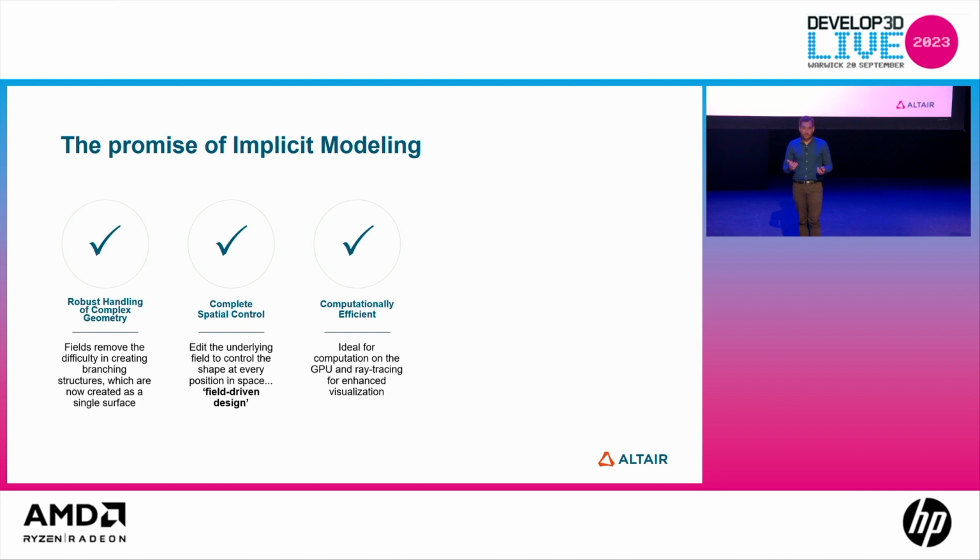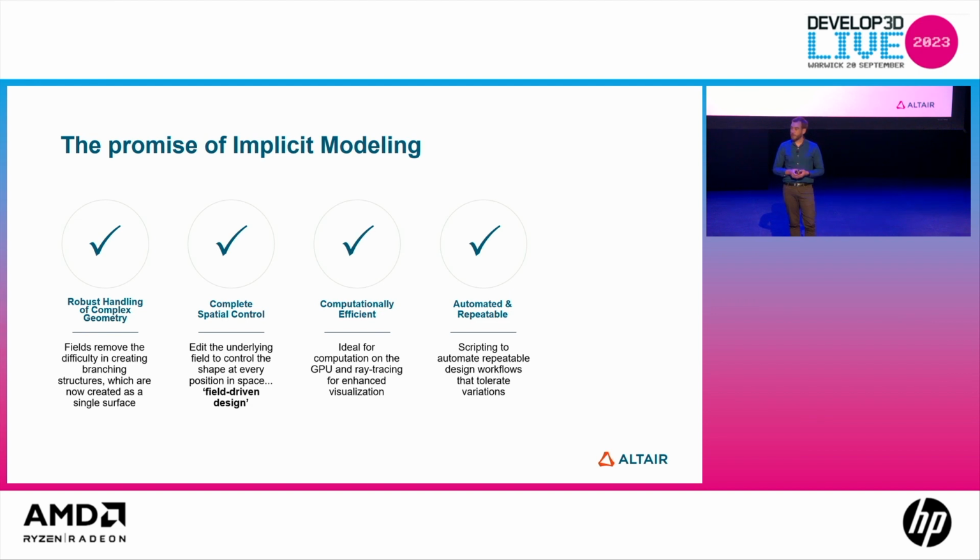But we can also make use of GPU technologies or parallelized technologies. So implicit modeling is very easy to distribute across a lot of resources, where you can very quickly compute and display these geometries. And implicit functions can be seen as a recipe, which inherently makes them quite scriptable, which makes them repeatable.